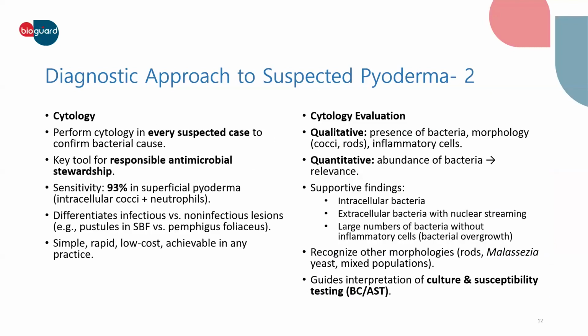And then cytology, because cytology samples are the first step to assess qualitatively for the presence of bacteria, their morphology, cocci or rods, and for the presence of inflammatory cells. Samples from Staphylococcal pyoderma lesions will typically show intracellular cocci within the neutrophils.